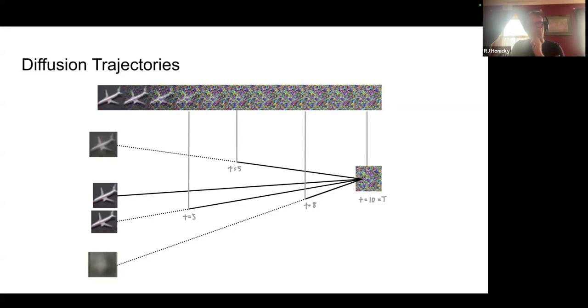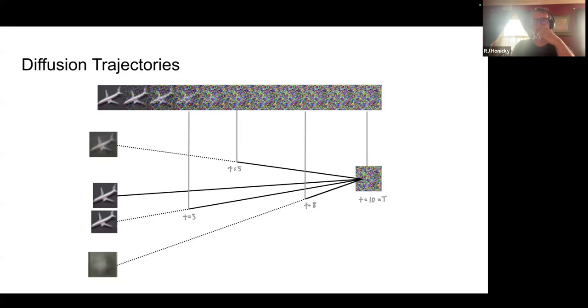So at t equals 8, what's happening here is that the thing at the top of the line is actually the input to the model. It goes through that thing with the attention block, and then it outputs something to add to t equals 10. And when you add those two things together, you get the thing at t equals 0 down at the very lower left.